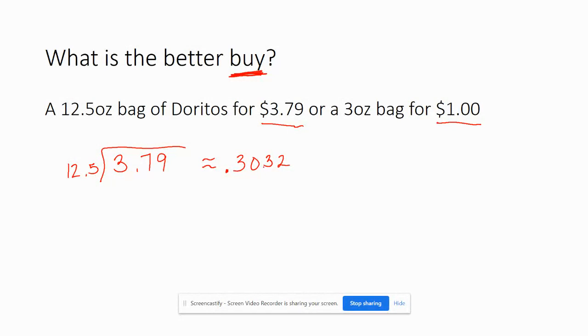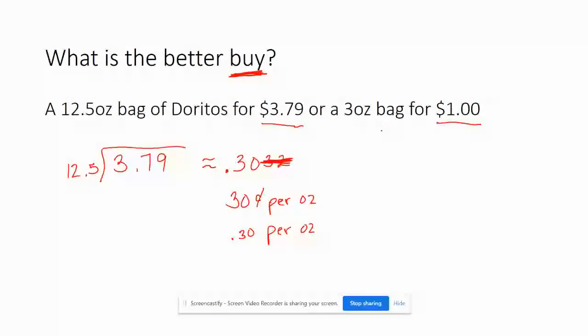Now, when we're talking about money, we stop at the hundredths place, right? So we round, and it's really about 30 cents per ounce, or you can say 0.30 per ounce.